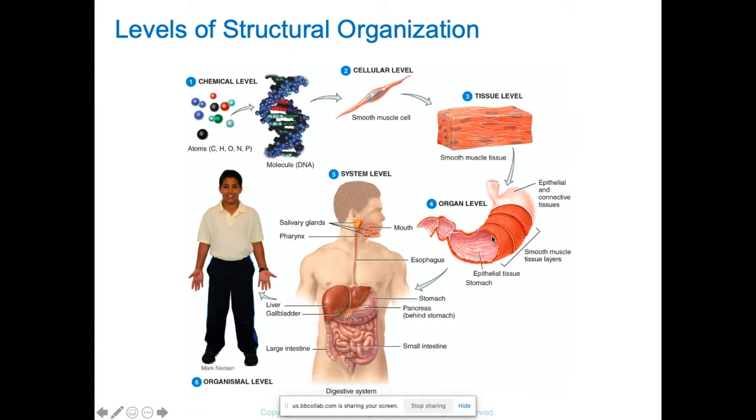In this case, we're looking at the stomach. Now, when organs that have similar purpose come together, like the stomach and the esophagus and the liver, and the pancreas and the small intestine and large intestine, now we have a digestive system.